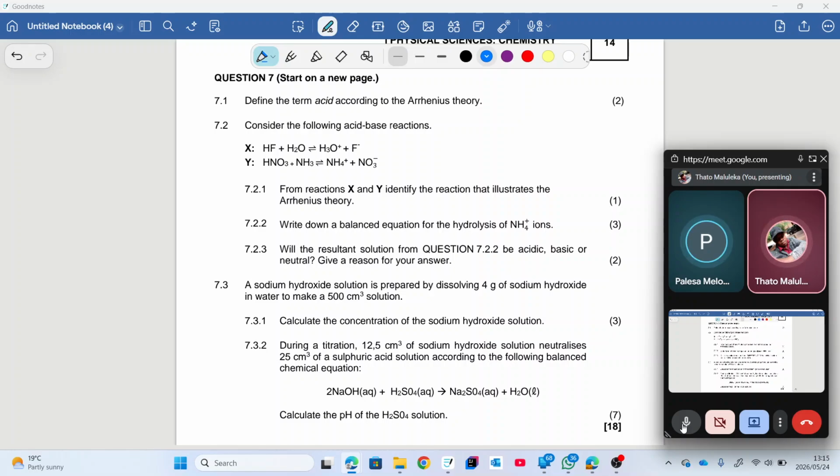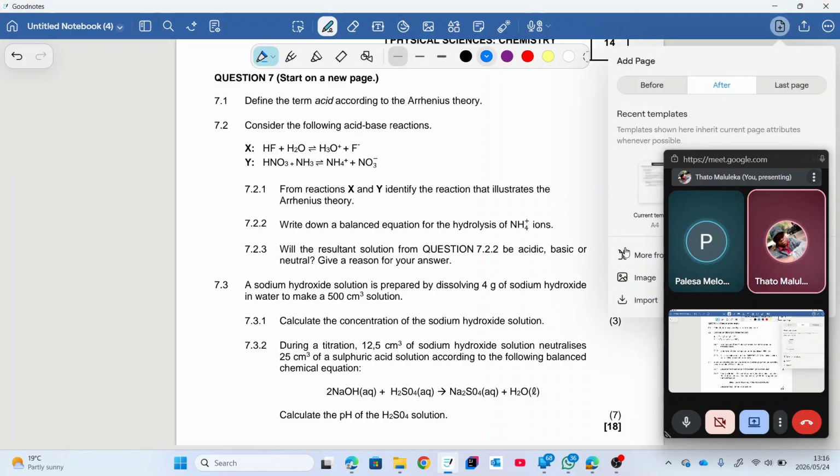We also have what we call Lowry-Bronsted. So you need to know both of them, right? For the purpose of this lesson, I'm going to answer the Arrhenius theory, but also give you the Lowry-Bronsted, just in case you forgot it.